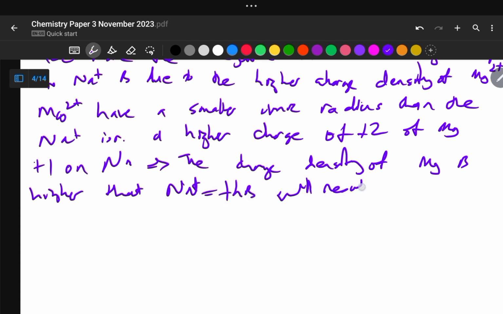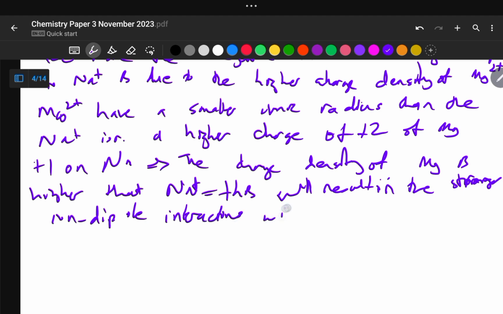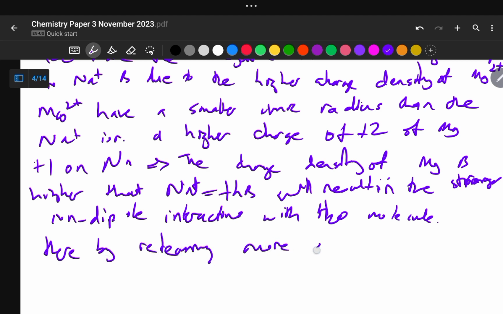So this will result in stronger ion to dipole interactions with the water molecule, right? With the water molecule, thereby releasing more energy.